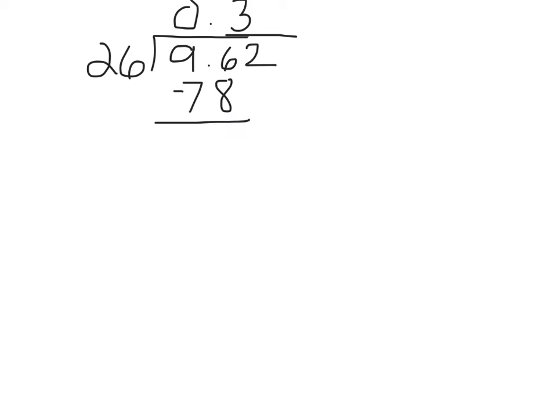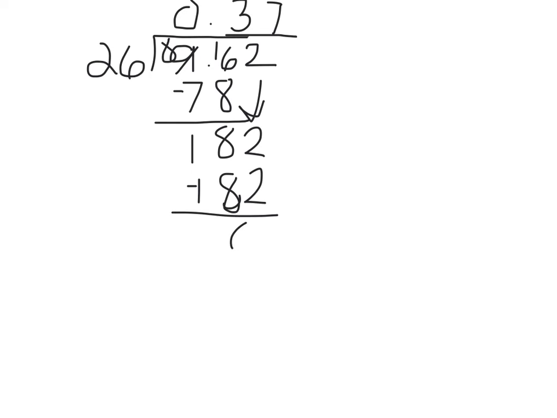And we subtract, and there we get 18. We bring down the 2. 26 goes into 182 7 times evenly. 7 times 26 equals 182. And we subtract and have a remainder of 0.